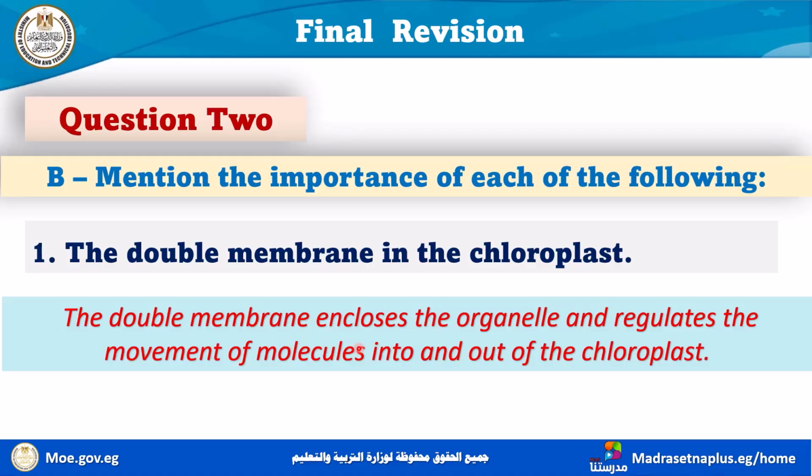The double membrane encloses the organelle and regulates the movement of molecules into and out of the chloroplast. It creates a distinct internal compartment where essential biochemical reactions such as the light-independent reactions in the stroma of photosynthesis can occur efficiently.